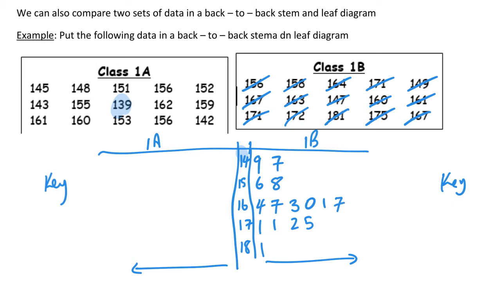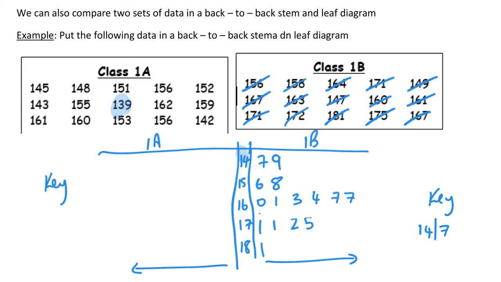And we need to rewrite this in order. So we've now got it in ascending order from the stem out. And the key, so it's going to be 14/7, and that means 147.